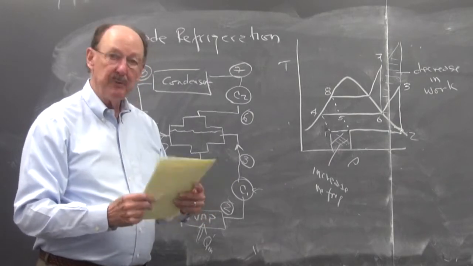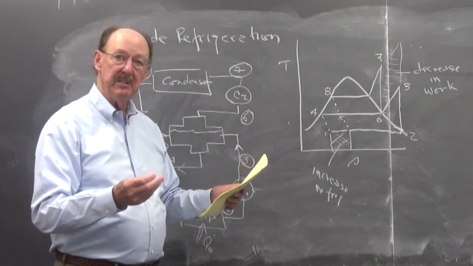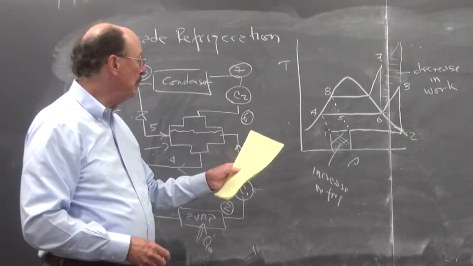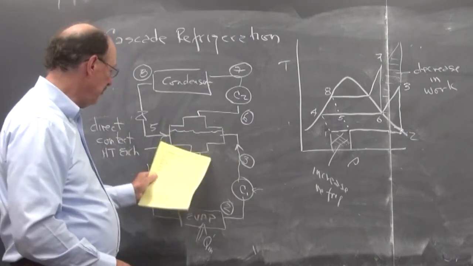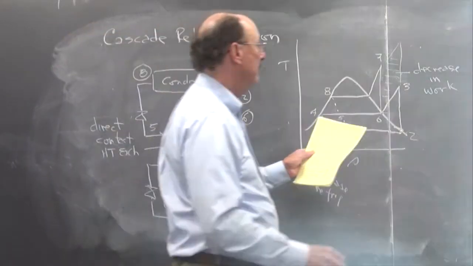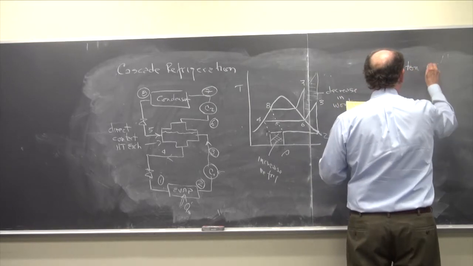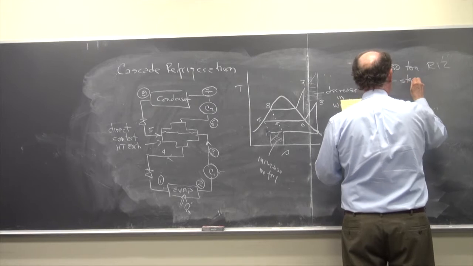And now I'll go through an example with this for a 30-ton two-stage system using this cascade design, and we're going to find the optimum interstage pressure the same way that we had done before. So we have a 30-ton R12 two-stage cascade.